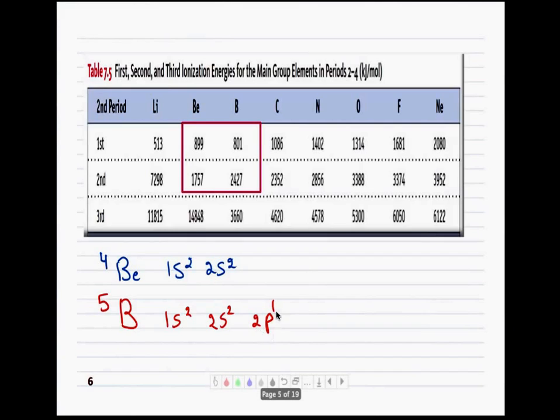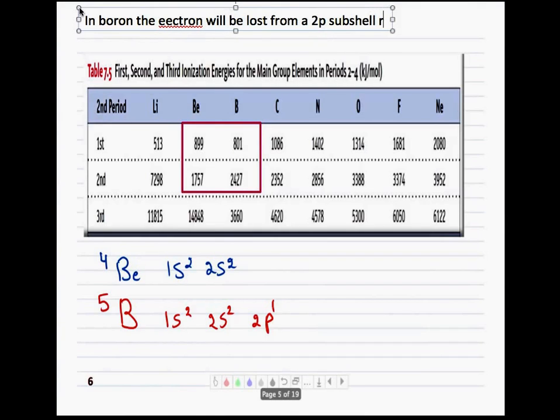And this is why it is easier for the boron to lose an electron. Why? Because we're going to take that electron from the 2p rather than the 2s. And the 2p is slightly farther away from the nucleus compared to the 2s. And this is the reason behind that exception. So in boron, the electron will be lost from a 2p subshell compared to a 2s in the beryllium case.